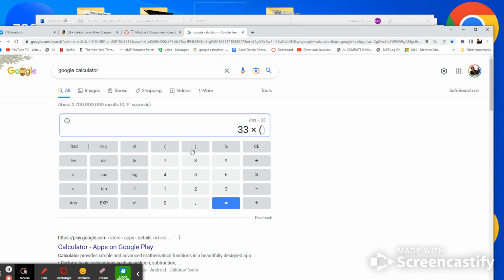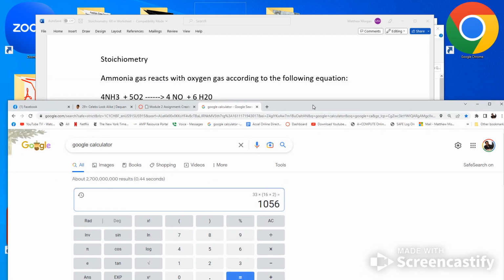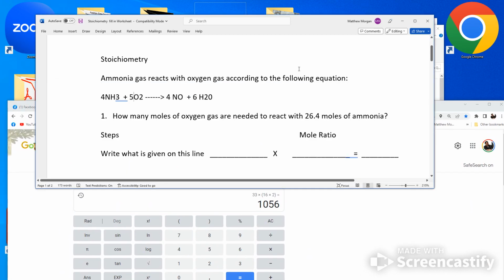So you just multiply that by 16 times 2, because you have O2. And that's it. You would need a kilogram of O2. That's it, guys. That's all you do.